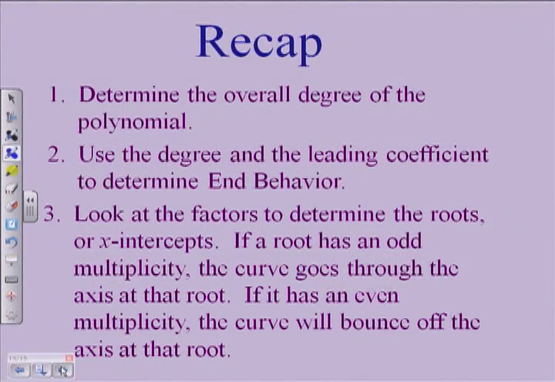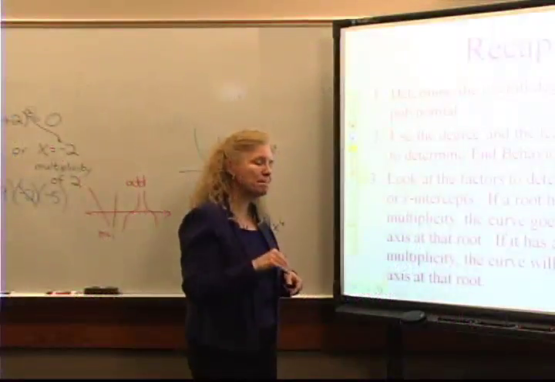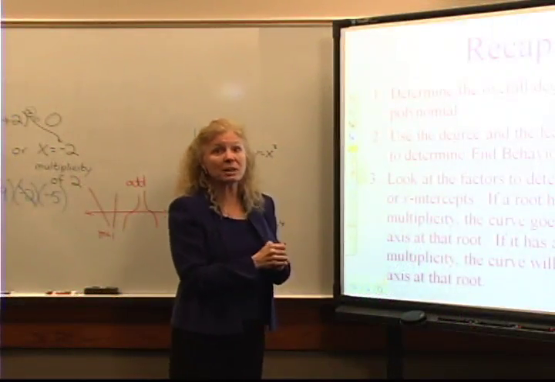You may have to factor it, or it might already be factored for you, because those factors are going to give you your roots. And your roots are the same thing as your x-intercepts. You want to first look to see where you have roots, and then look at their multiplicity. If you have an odd multiplicity, the curve will go through the axis. And if you have an even multiplicity, the curve will bounce. So these are really kind of fun.